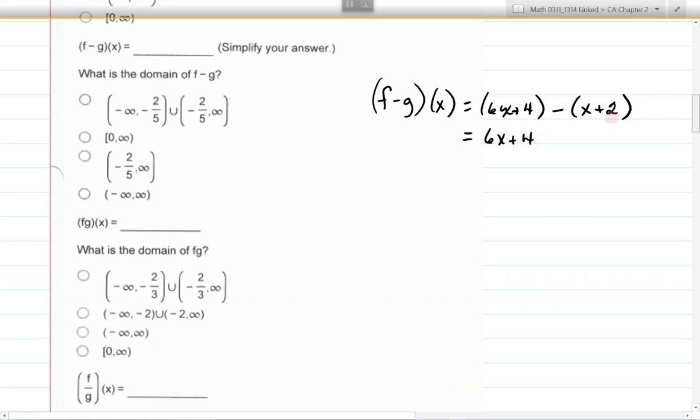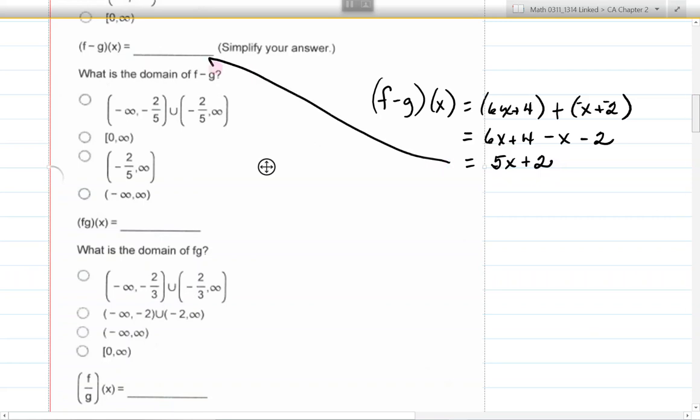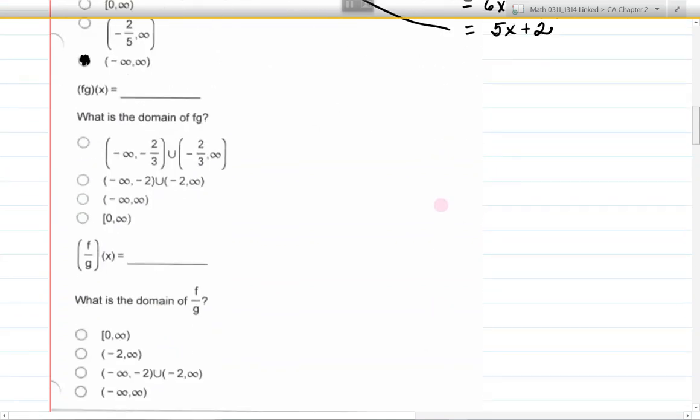The second set, remember, I can do change to addition, opposite, opposite, or you could have used the distributive property. So now I have minus x and minus 2. That's 6x minus x is 5x. 4 minus 2 is 2. That's my difference. The domain, again, is all real numbers.